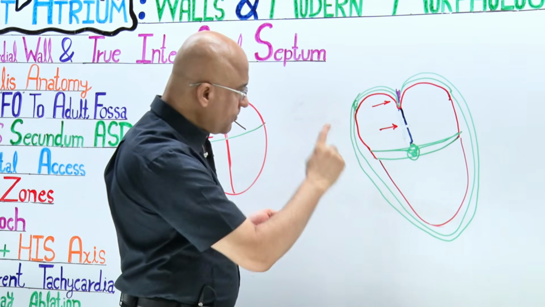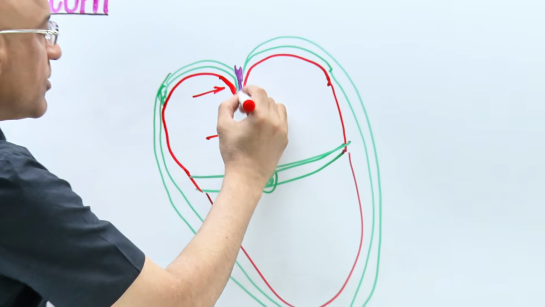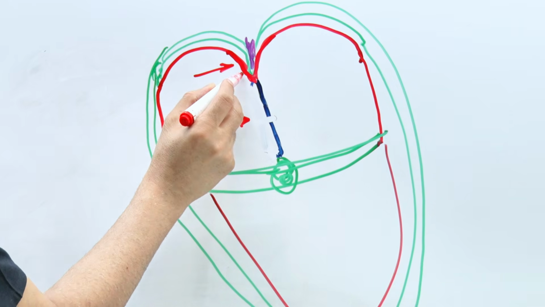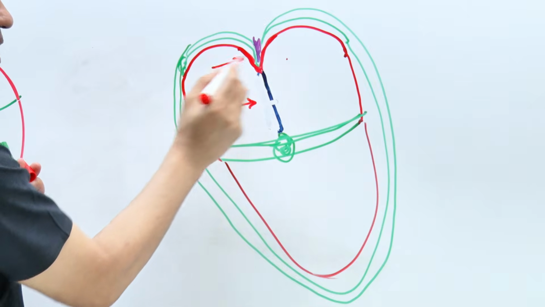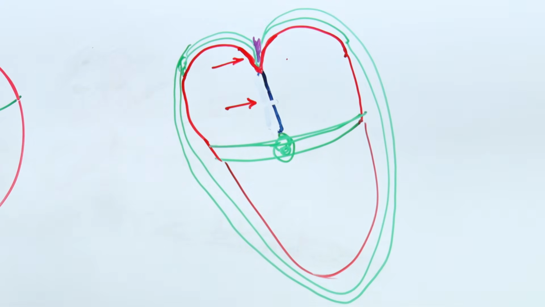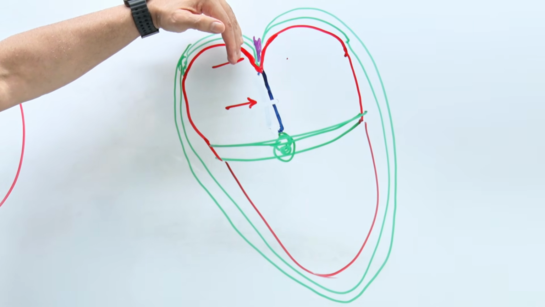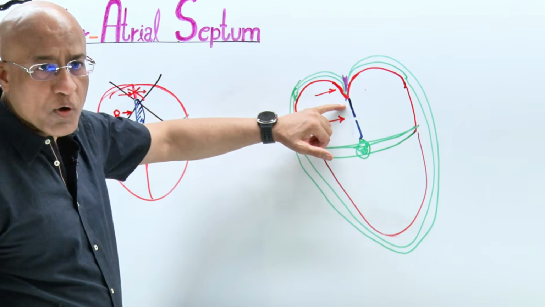It means even though this part of the wall, if you are looking from here, looks as if it is interatrial wall, but actually this is a folding, infolded, both atrial walls coming down, meeting the fossa ovalis.